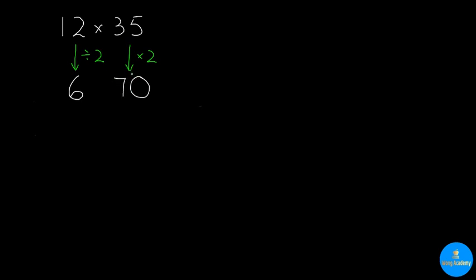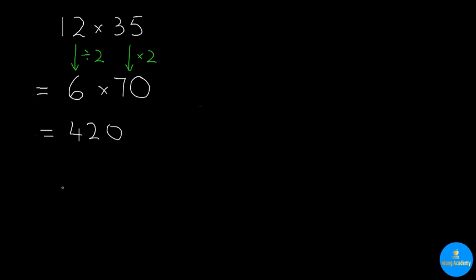Please bear in mind, the whole point is to double the number ending with a 5 into a number ending with a 0, and on the other hand, halving the even number. So we have 6 times 70, and we get 420 as the answer.